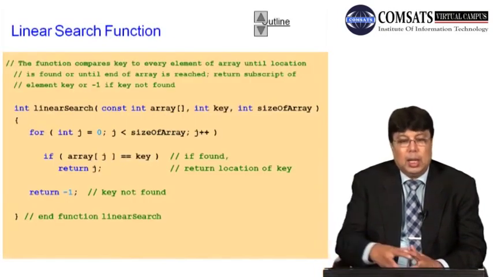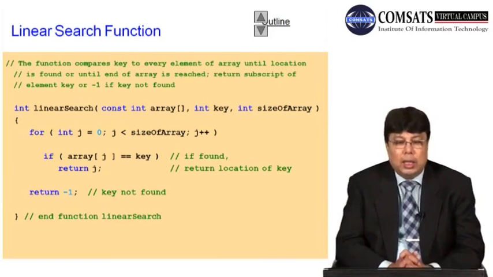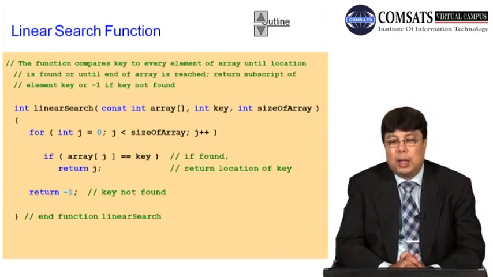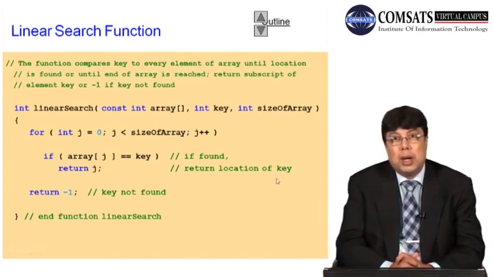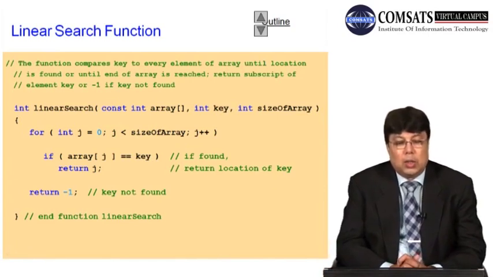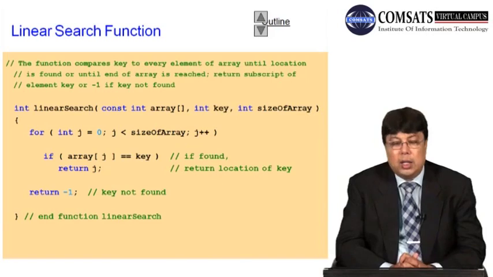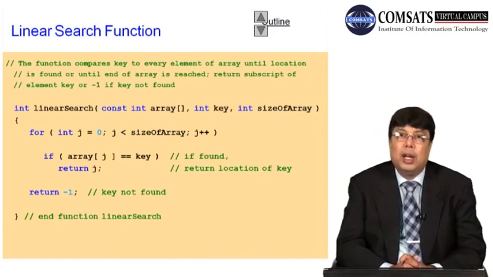So this is the code for the linear search function. As I said, I have picked this up from the website, so you can find the icons here also, and this is the material I have picked up for you from the Prentice Hall website. This function compares the key to every element of an array until the location is found or until the end of the array is reached.